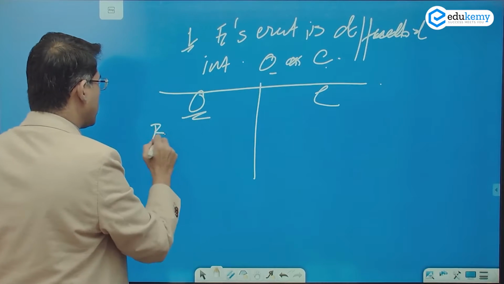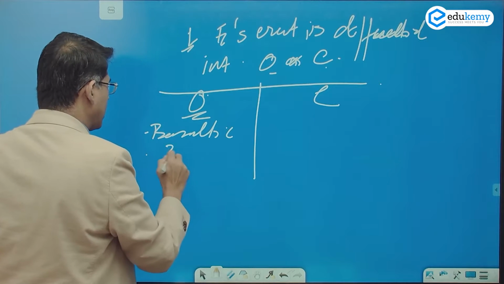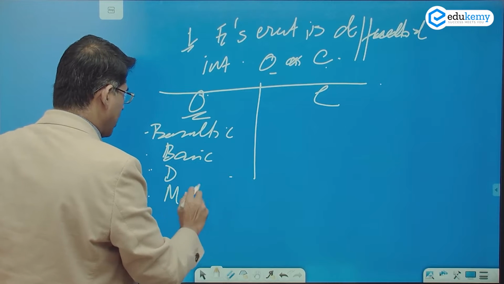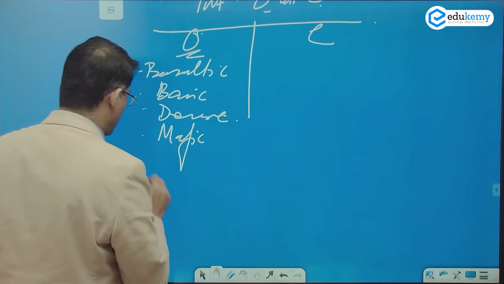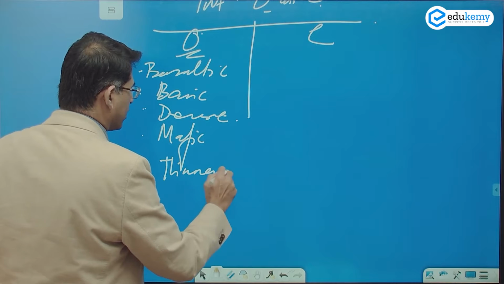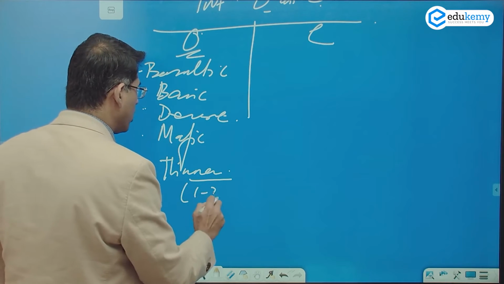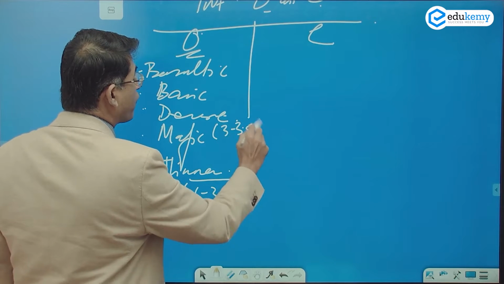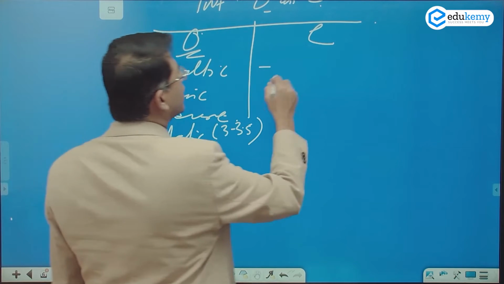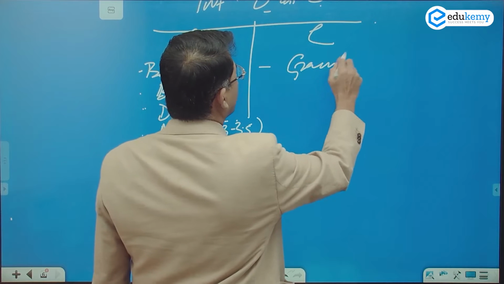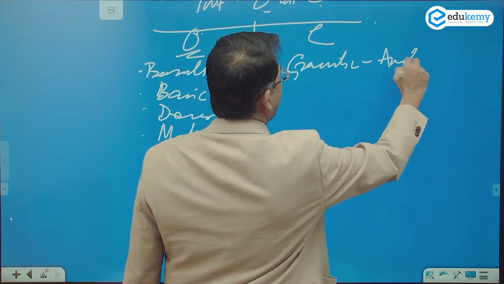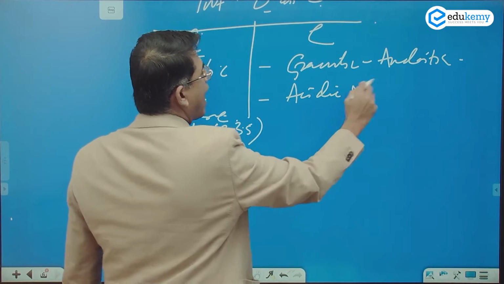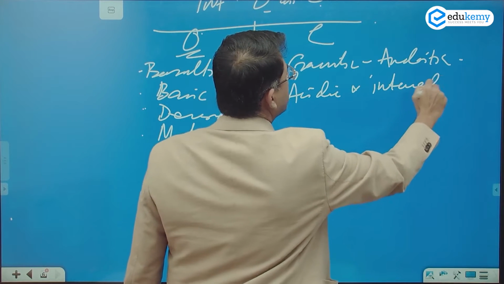The oceans are basaltic, basic, dense, mafic, and thinner, 1 to 3 kilometers. The oceans are denser, with a density of 3.5. Continents, on the other hand, are granitic, andesitic, mostly acidic and intermediate.